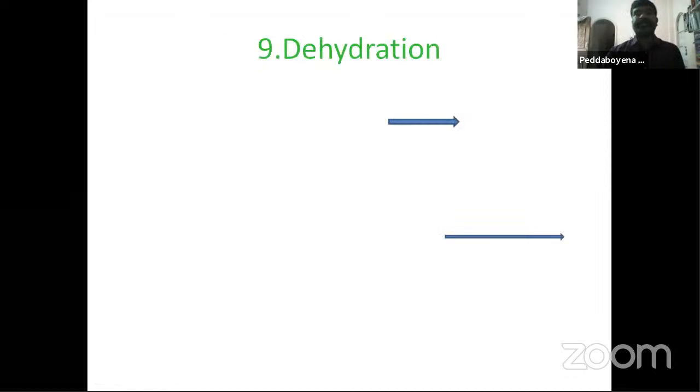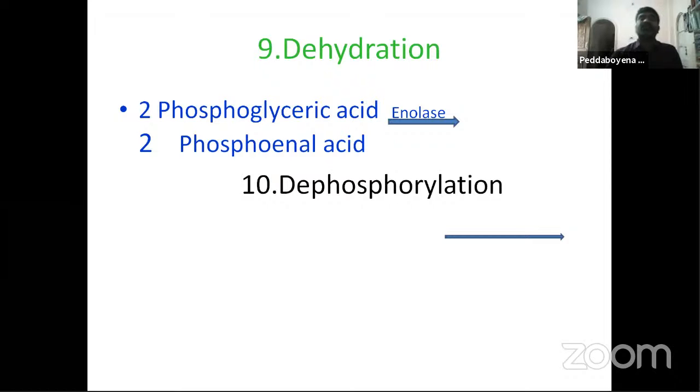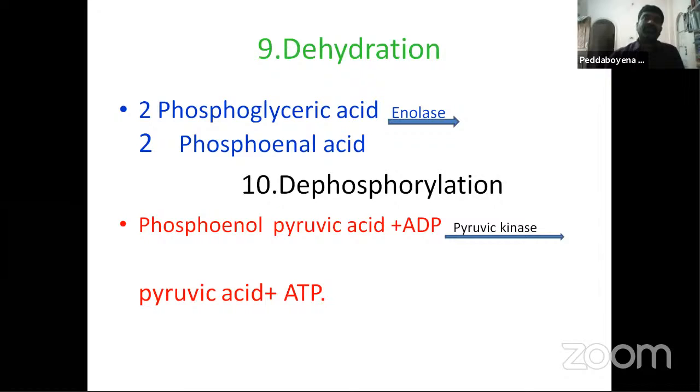And next, dehydration. In dehydration, 2-phosphoglyceric acid loses water, catalyzed by enolase. Here phosphoenol pyruvic acid is formed. The last one is dephosphorylation.